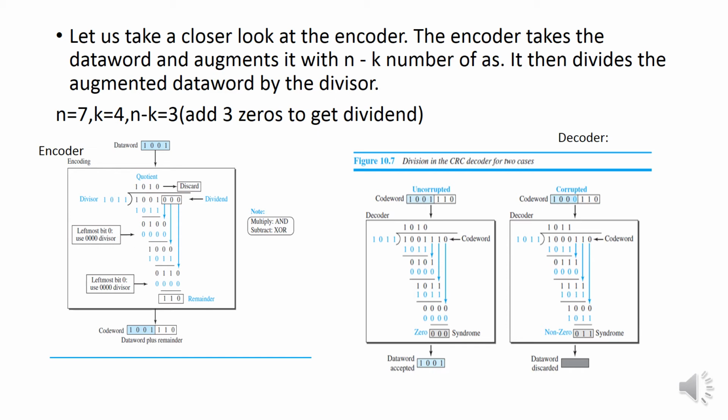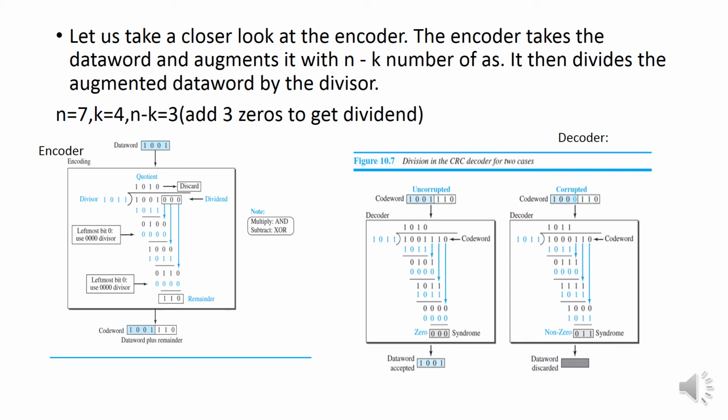1 XOR 1 is 0, 0 XOR 1 is 1, 0 XOR 0 is 0. Now take the next bit, so your new value becomes 0100. Check the leftmost bit. If the leftmost bit is 0, directly write the quotient as 0.